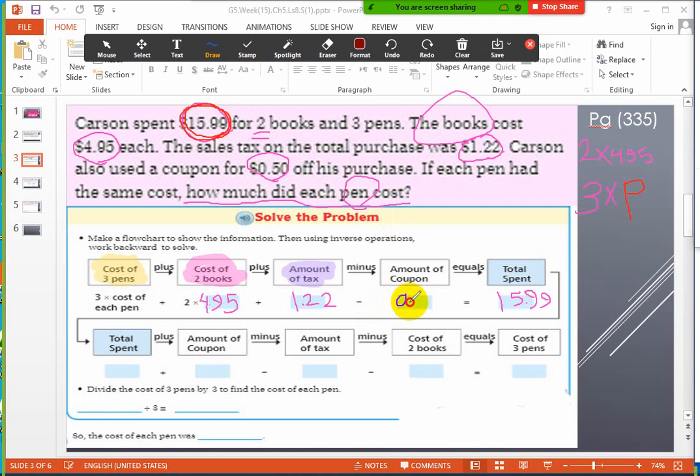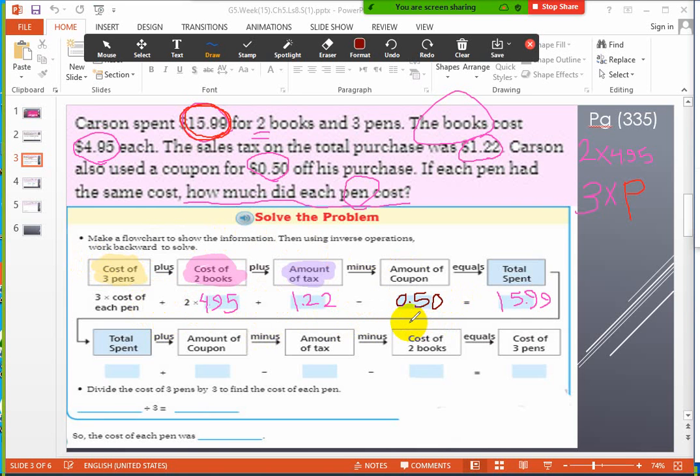This is a discount for me. So I have to subtract from the whole amount $0.50. So the operation between all money is addition, here addition, here addition, but here I have subtraction before the coupon, because the coupon means discount.